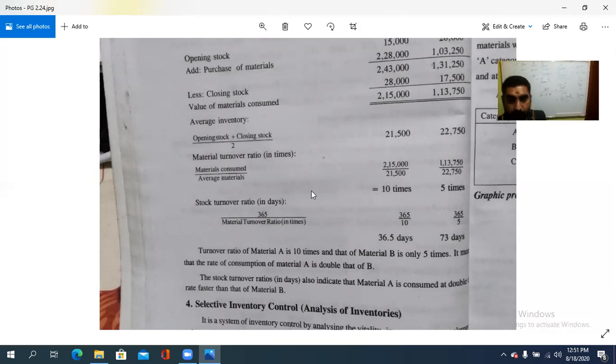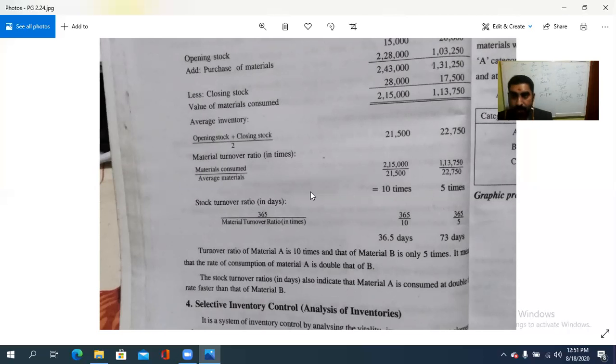And material B, stock turnover ratio in days also indicates that material A is consumed at double the rate, because B takes 73 days, whereas A takes 36 days. So the fast moving one is A.